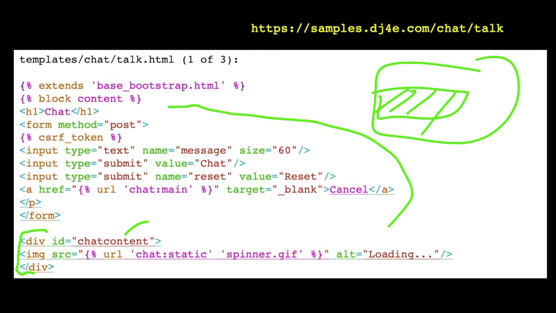One of the things that we're doing here is we're going to grab a URL to a little spinner that we've got stored in a static area. And that spinner, one of those little dot, dot, dot things that goes round and around, is just an animated GIF.